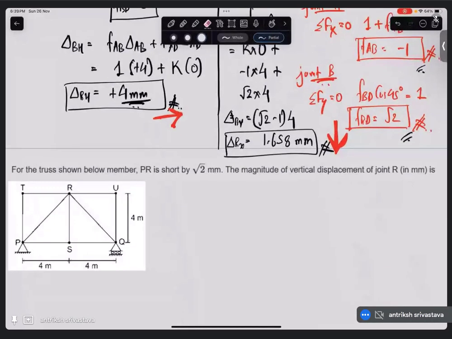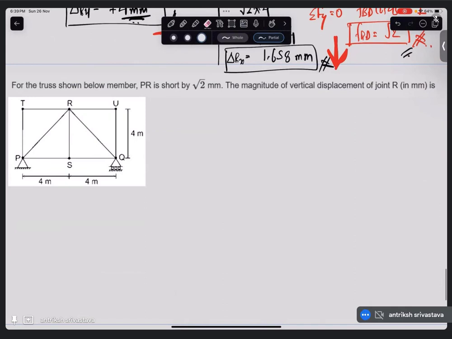Okay, so let's look at this question. For the truss shown below, member PR is shorter by root 2 mm. So it was short, but they somehow extended it and fixed the member in this particular location.